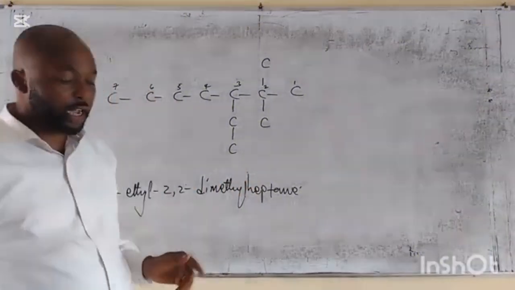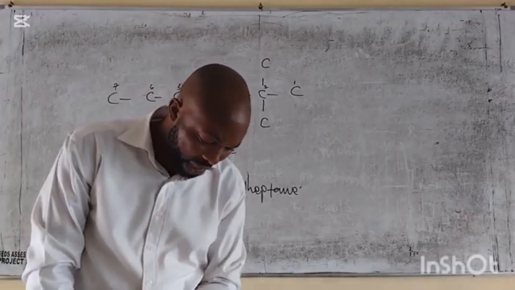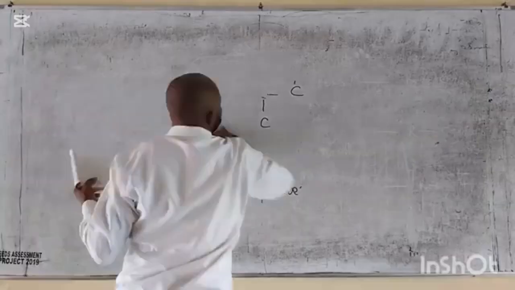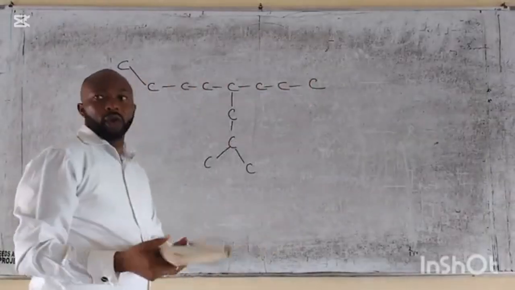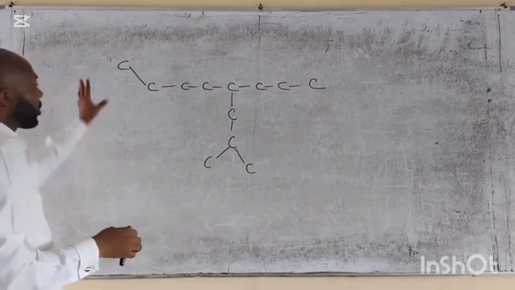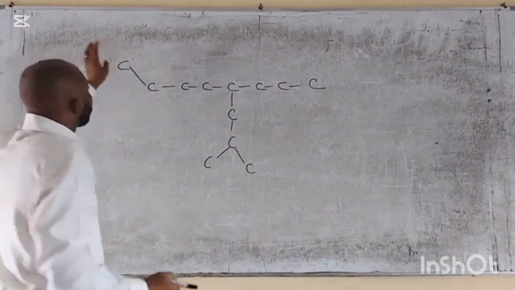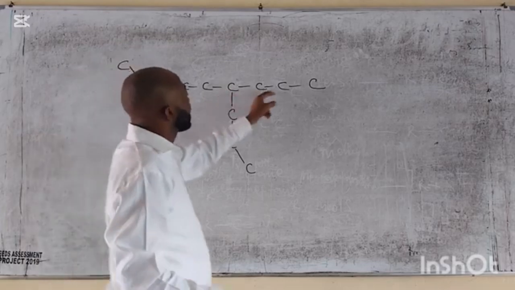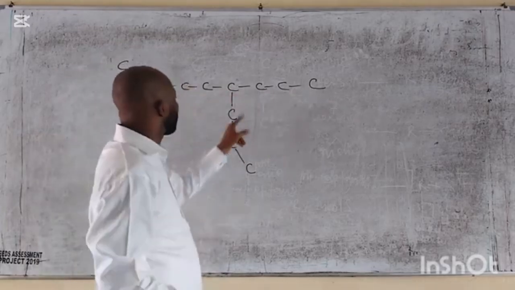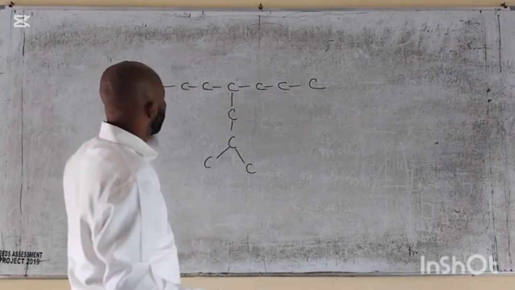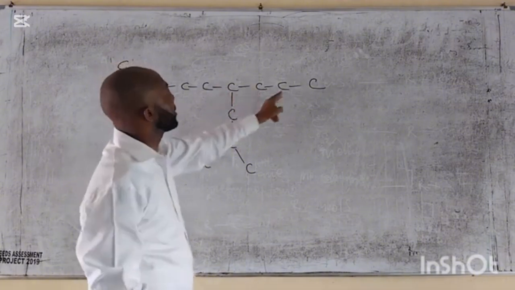So we continue to take more. Let's move further. In this one, if we count from here, 1, 2, 3, 4, 5, 6, 7, 8. 1, 2, 3, 4, 5, 6, 7, 8. 1, 2, 3, 4, 5, 6, 7.